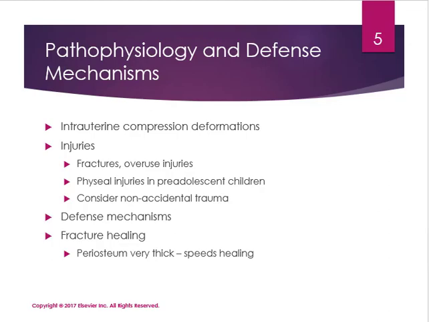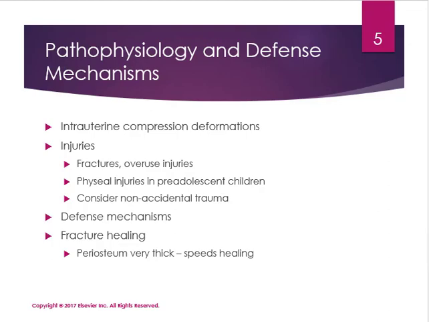So some of the defense mechanisms of the bone are based on, in the pediatric bone, there is a very thick periosteum, and this is one of the major reasons for increased healing speed of children's fractures, as this area, the periosteum, contributes to the largest part of new bone formation around the fracture.